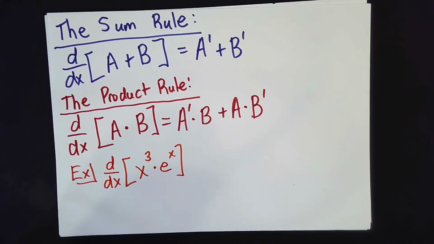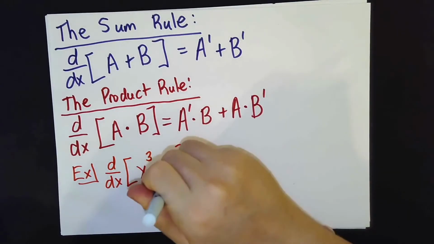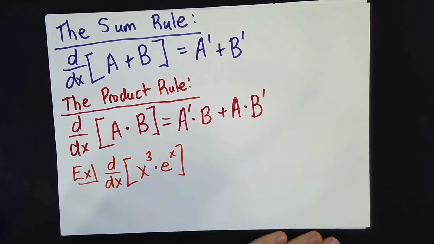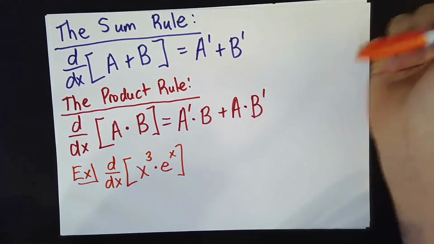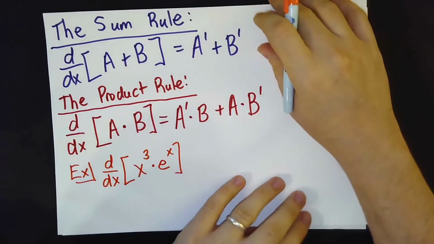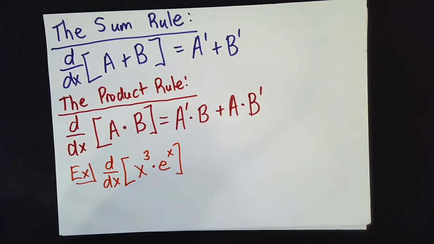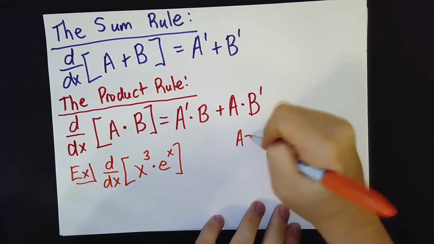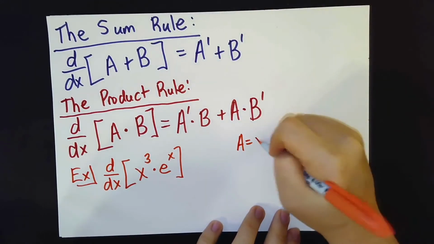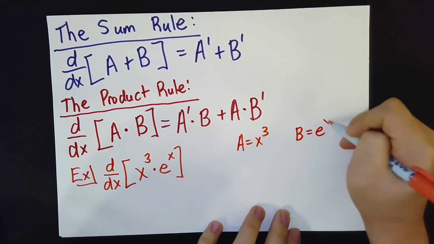Here's one example. I have a product here of x cubed and e to the x, and I want to know its derivative. There's no way I can simplify my way out of this so that I can avoid using the product rule. So I'm just going to use the product rule here, and I'll write down thing A, the first thing in the product, is x cubed, and thing B is e to the x.